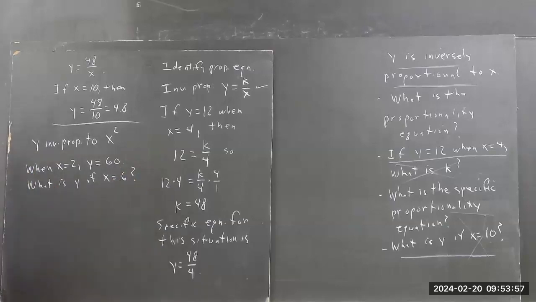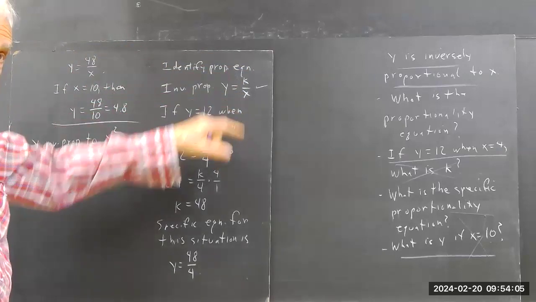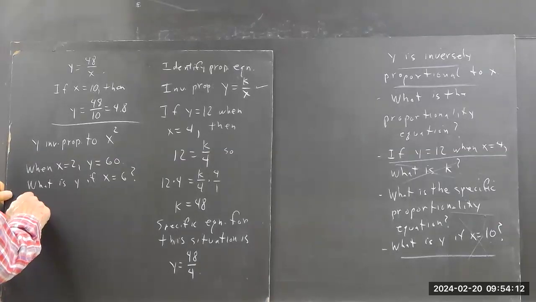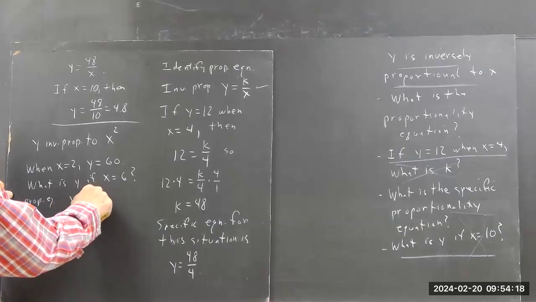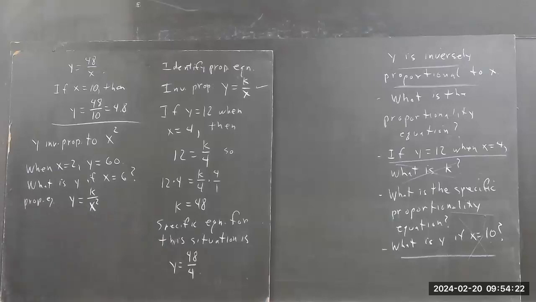What's y if x equals 6? Okay, well, first of all, y inversely proportional to x means y equals k over x. Y inversely proportional to x squared means y equals k over x squared.